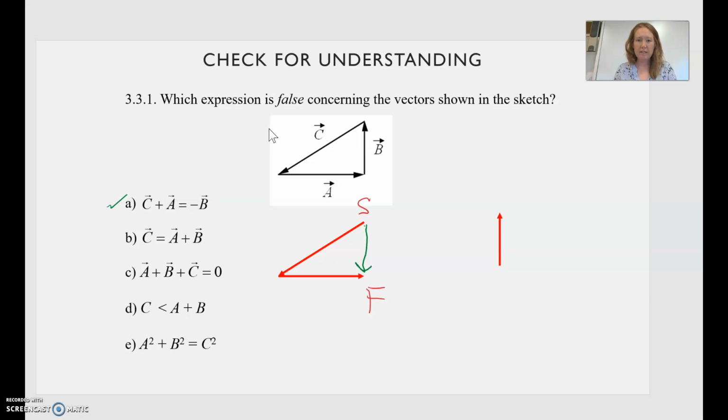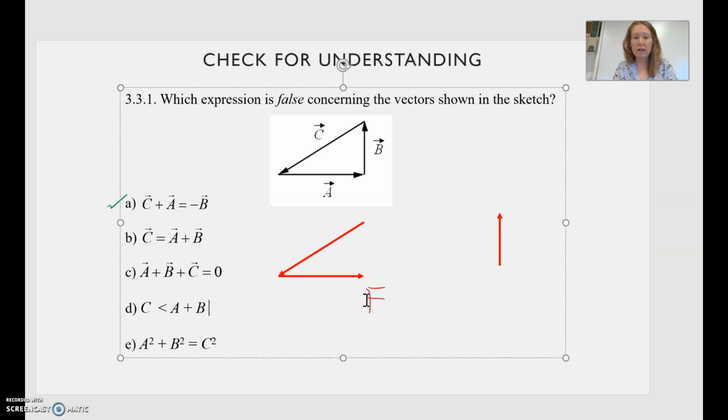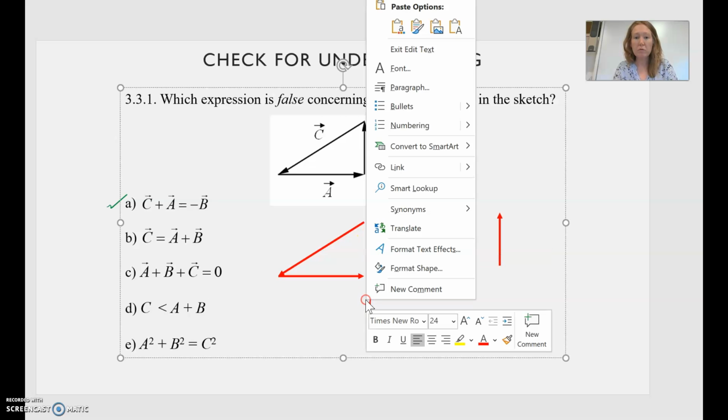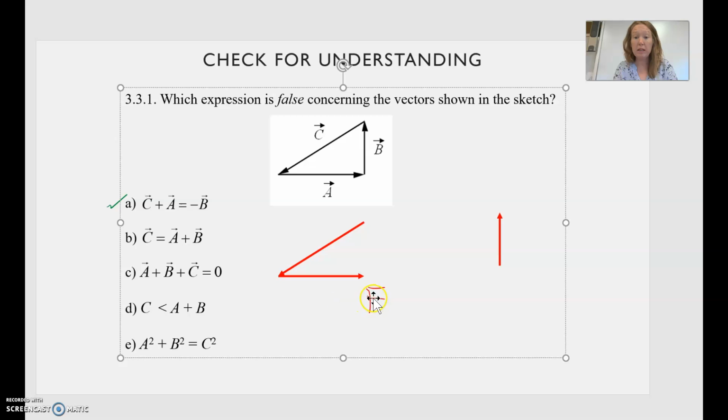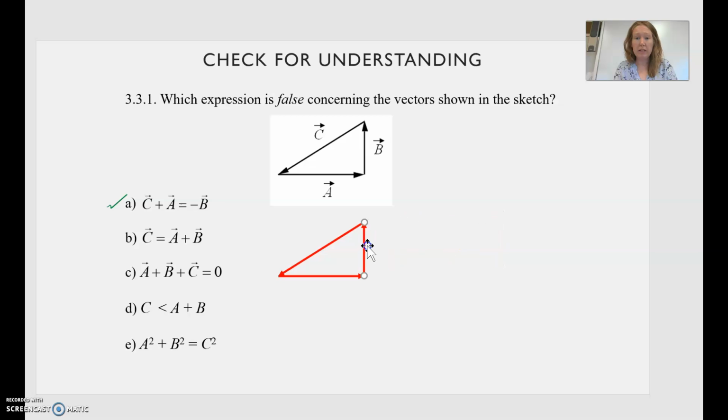C equals A plus B. Let's check that. So now let's erase what I have here and check this out. So now I'm checking, do A and B add to C? So now put B back in here, pull C out.